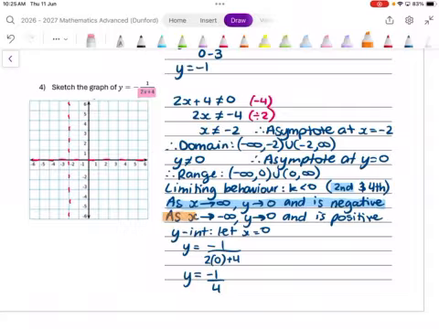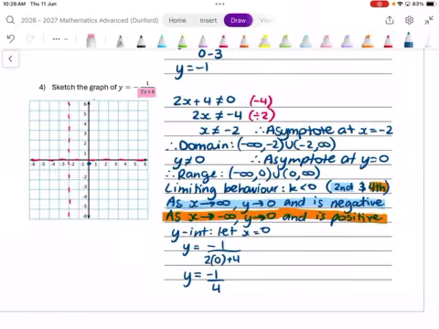Okay, we have a lot of information to put on our graph, but we also have a bit that we need to find. So our y-intercept is at negative a quarter, so we can put that on if we'd like. All right, but then we need to find some key points. So I'm going to start with the positive x values, but I'm going to substitute in negative 1.5.